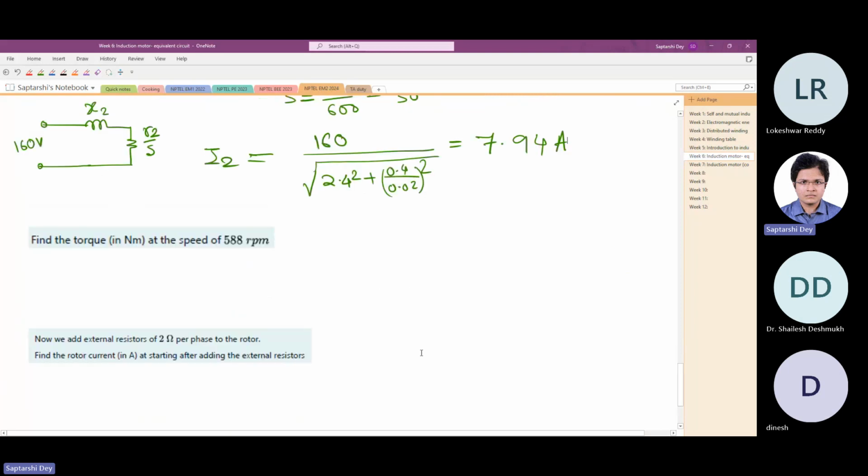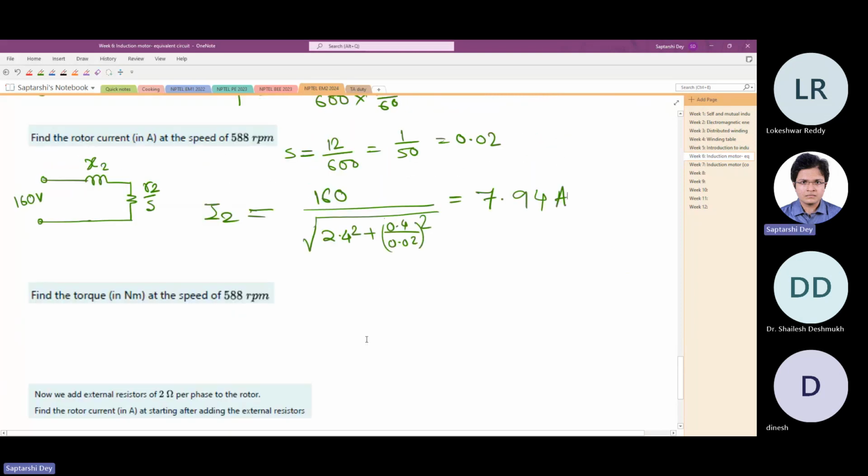Now the torque at the speed of this. What we can do is find out the air gap power.